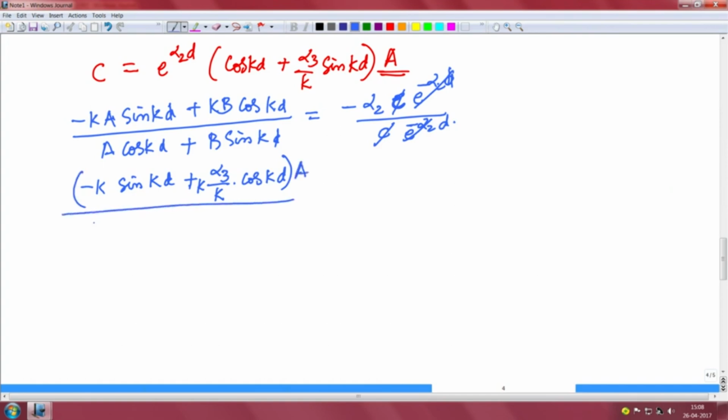Similarly in the denominator, a out common: cos kd plus alpha 3 by k into sin kd, equals minus alpha 2. This k can be cancelled out.